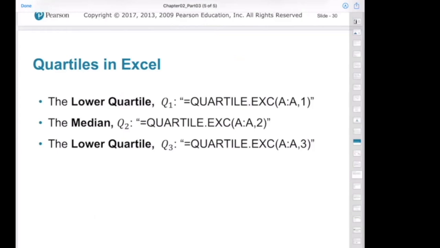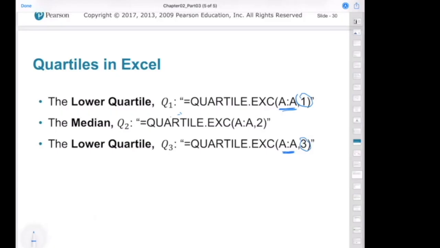As you can see here, the first quartile, Q1, you can find it by QUARTILE.EXC, and then select the data. Here you have two things: you select the data and then 1 for first quartile. For the third quartile, same function, QUARTILE.EXC, select the data, but you will type here 3 for third quartile.